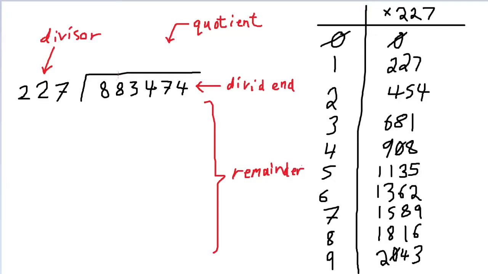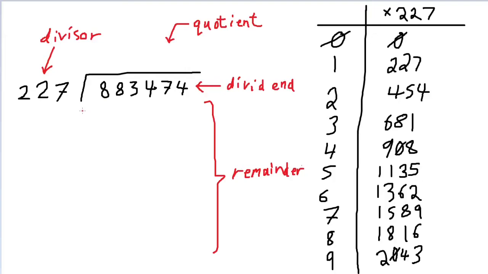So this is the first step. We divide this section of the dividend, which we call our intermediate dividend, by the divisor. So we are doing 883 divided by 227. Now, how do we actually do this division? How do we find the quotient in a division?